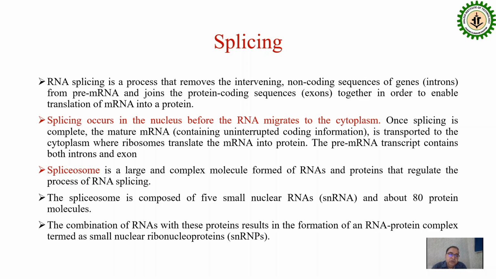The spliceosome is composed of 5 small nuclear RNAs, or snRNA, and about 80 protein molecules.